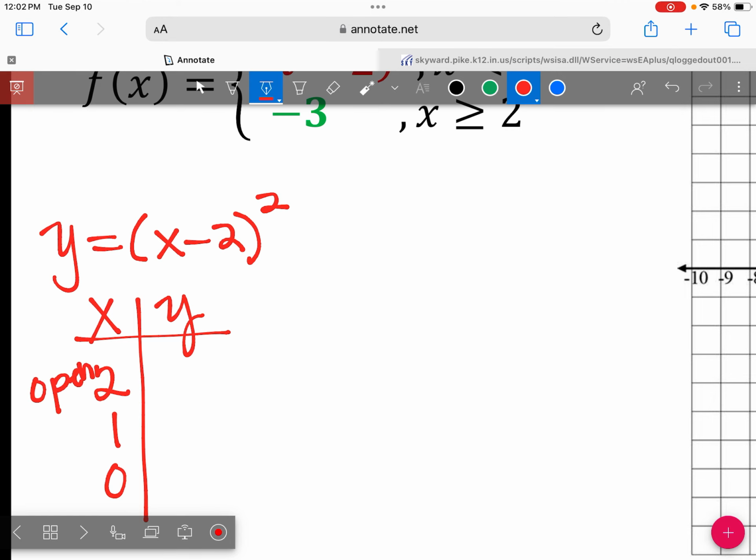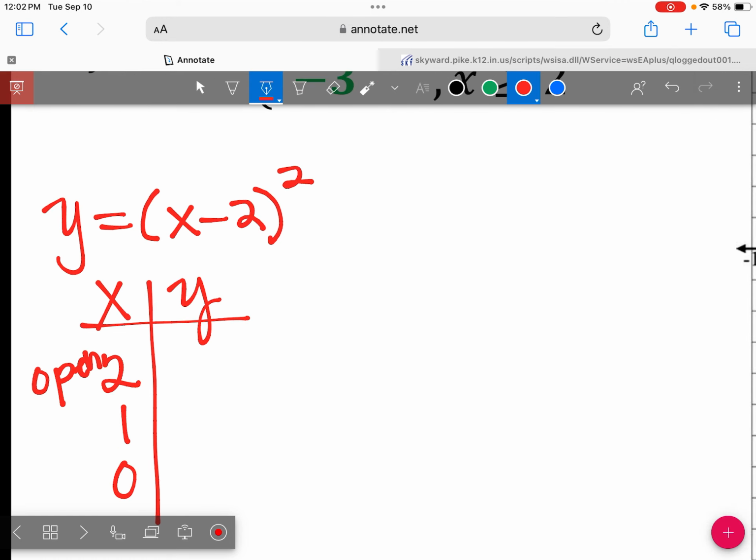All right, so let's go ahead and figure out what we get. We got 2 minus 2 squared, which is 0. We have 1 minus 2 squared, which is 1. We have 0 minus 2 squared, which is 4. Let's go ahead and graph that.